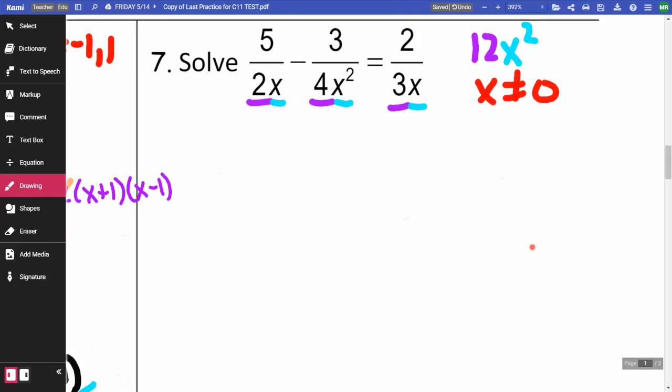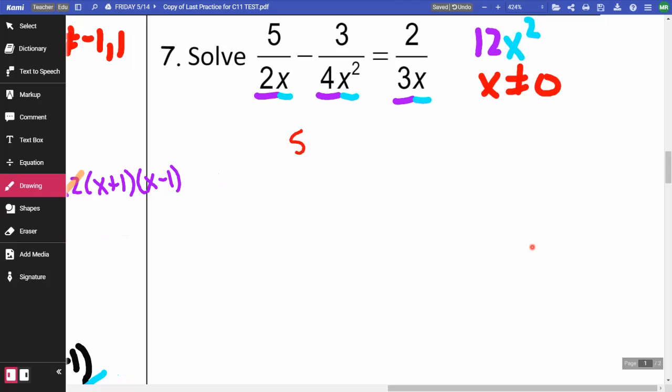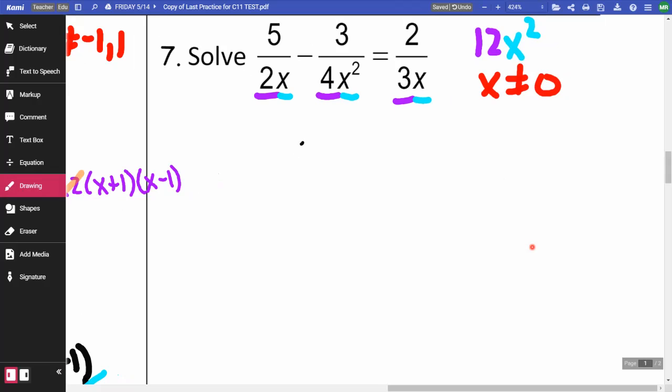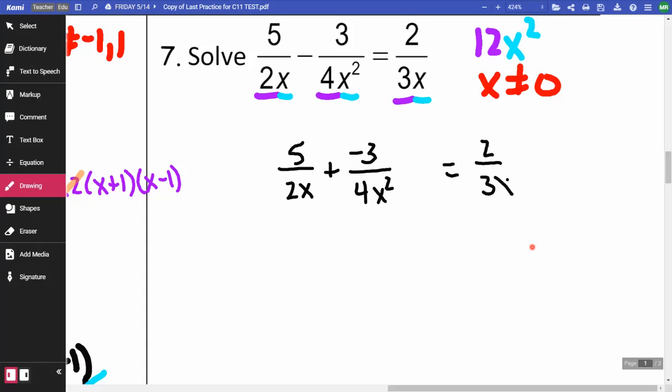So when I'm doing this, I'm going to write in black. I'm going to have 5 over 2x. And then I'm going to rewrite this as plus a -3 over 4x squared. Spread that out a little bit. Equals 2 over 3x.